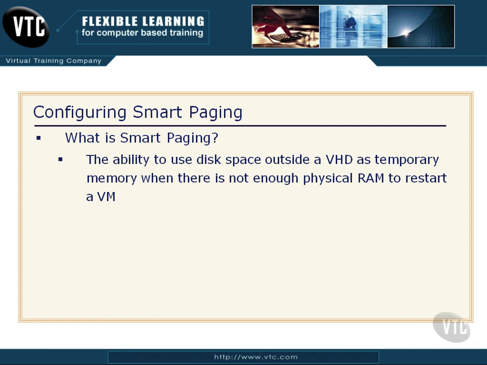Now, when we talked about dynamic memory, we talked about all the problems that was caused in Server 2008 because we had to make sure there was enough physical RAM on every virtual machine for a restart, even though once it was riding along straight and steady, it didn't need nearly that much RAM. Smart paging will alleviate that inability to restart by going into a paging process when you don't have enough.